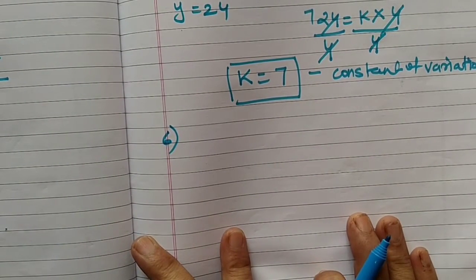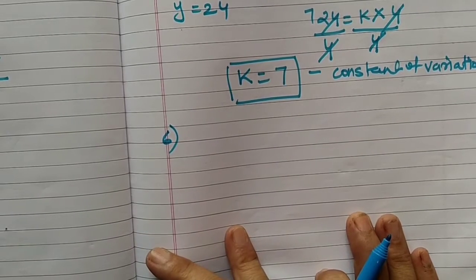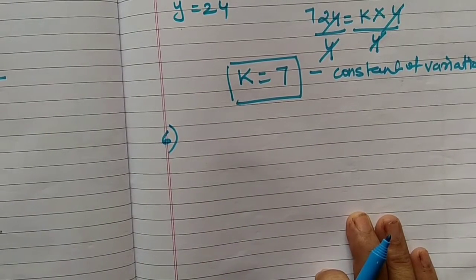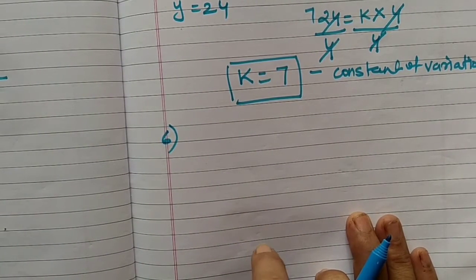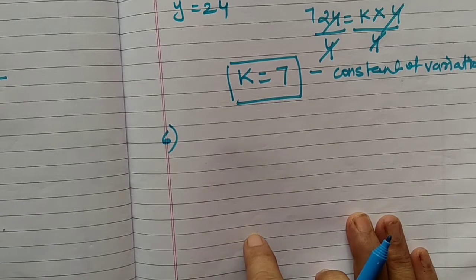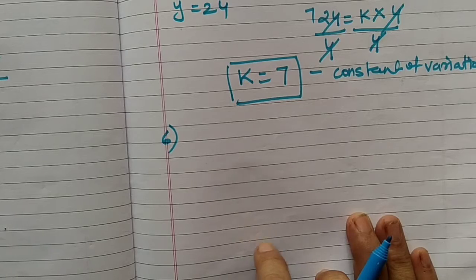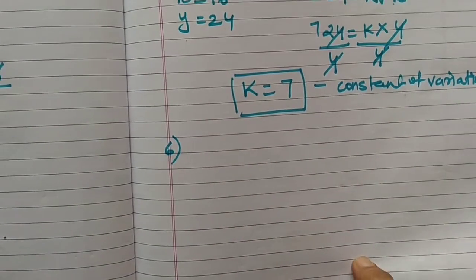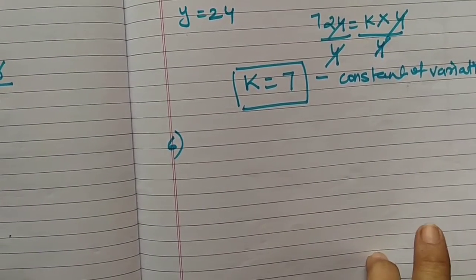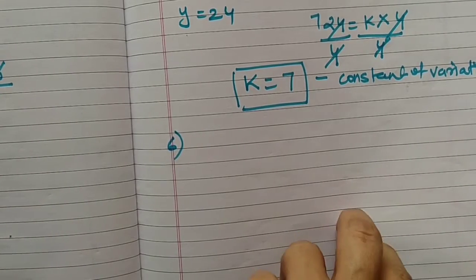The total remuneration. Remuneration means payment, or the salary. Total remuneration paid to laborers employed to harvest soya bean is in direct variation with the number of laborers. So if one laborer is working, he is getting suppose 100 rupees.